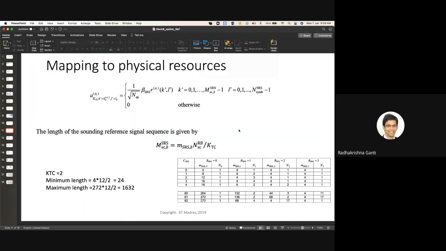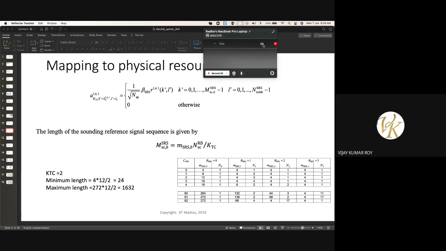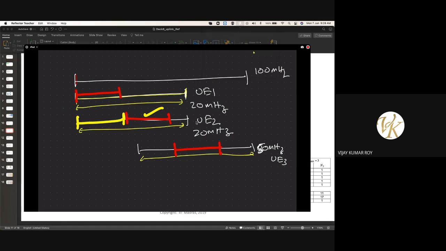Okay. Now let's come back to this. You can see one question, this is from VK. Actually, good morning. In the bandwidth part, suppose this part is evaluated as a good signal by the base station for UE1.